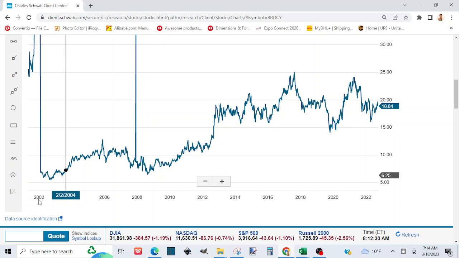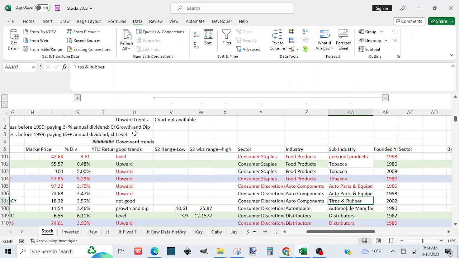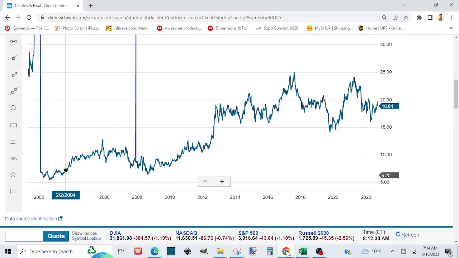I don't know if it makes sense, what I'm saying. For instance, in my parameters, I think I said 1990, so anything that went public after 1990, I do not want to consider. Does that make sense? You can be more lenient and say 2000 is okay, because we are in 2023 and the company has been public for 23 years.